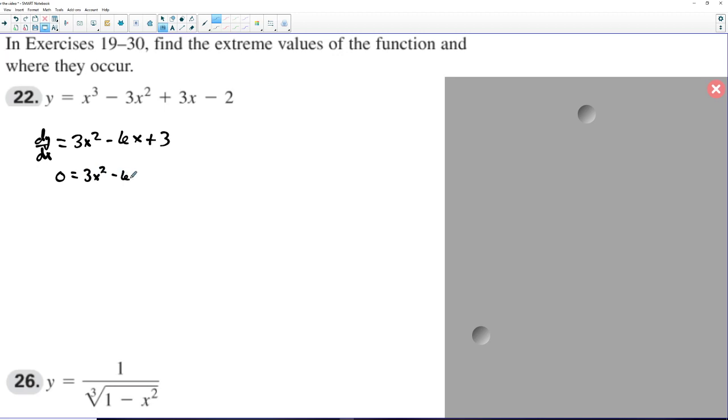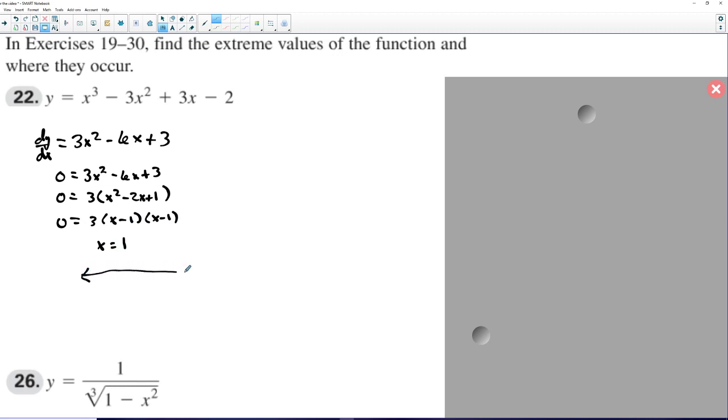So 3x squared minus 6x plus 3. Let's take out a 3. We have x squared minus 2x plus 1. And that's 3 times x minus 1, x minus 1. So the critical value is at x equals 1.